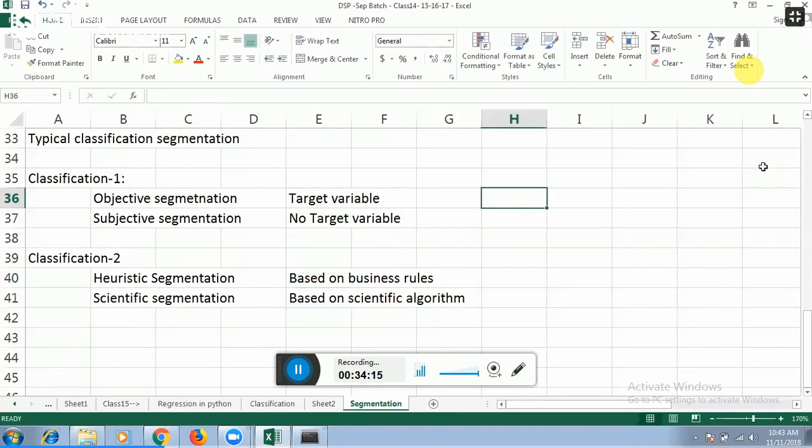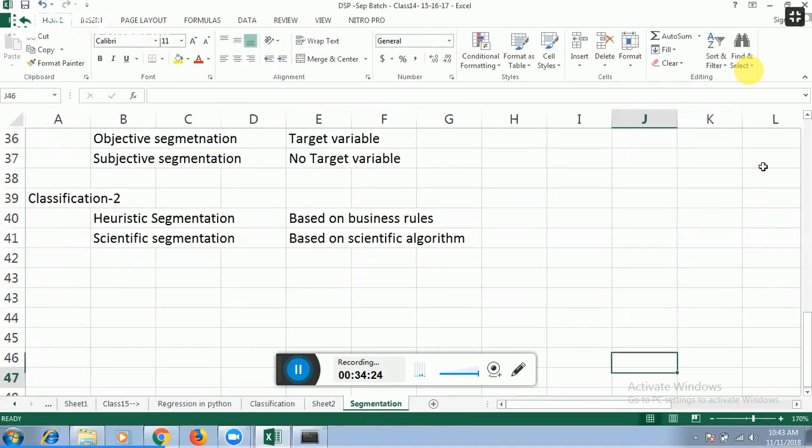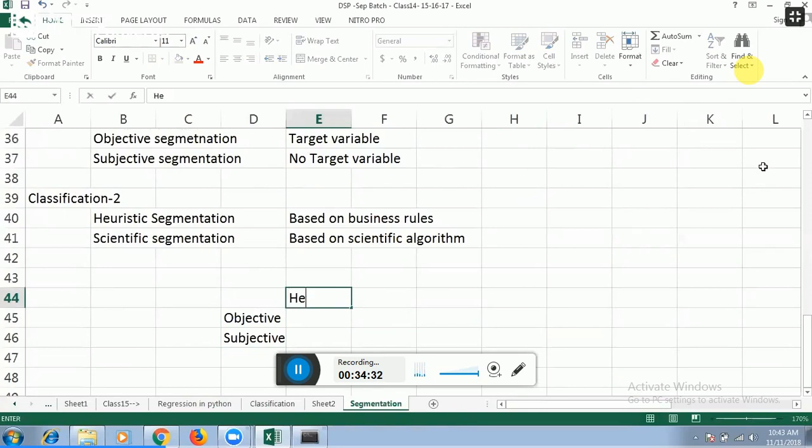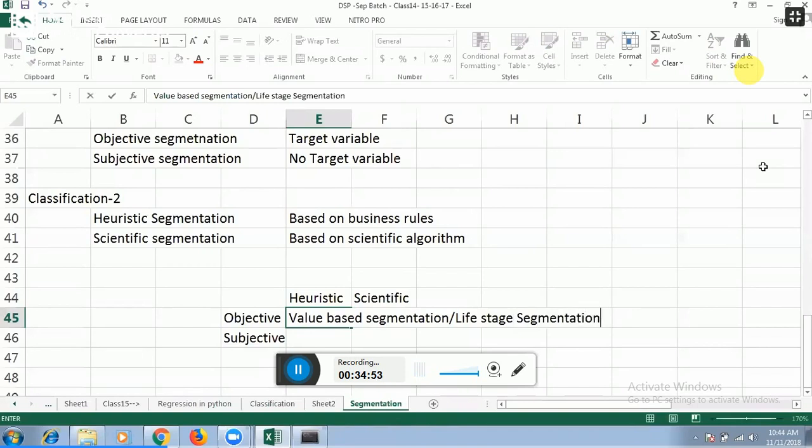So in this scenario, remember objective and subjective, and heuristic versus scientific. For objective, there is a technique called value-based segmentation or life stage segmentation, and for subjective, something like RFM segmentation.